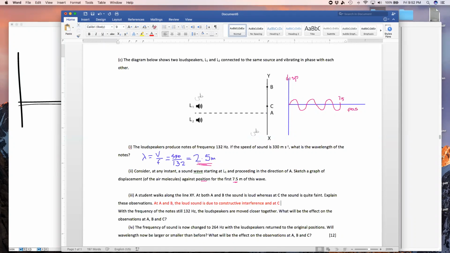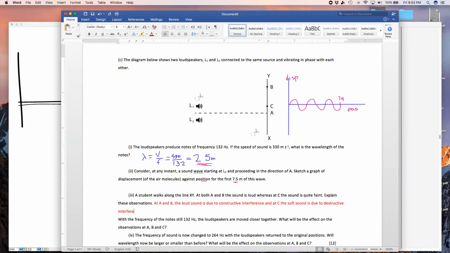And at C, it's due to destructive interference. You okay with that? And what is constructive interference? It's where two regions of compression meet, and two regions of rarefaction meet. Destructive is when a region of compression meets a region of rarefaction.